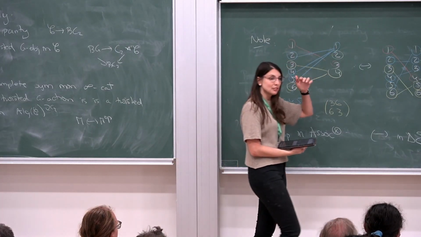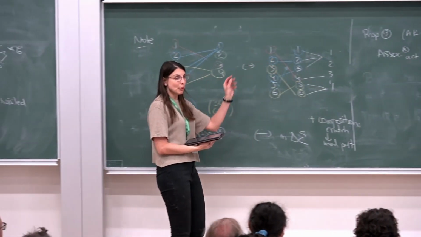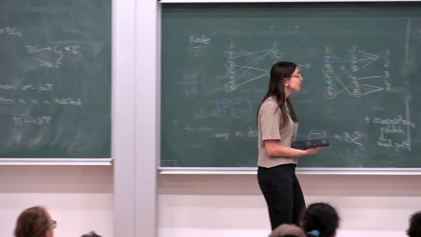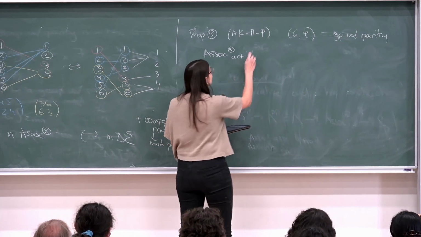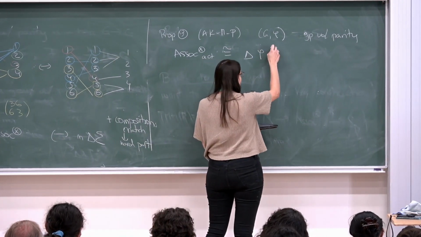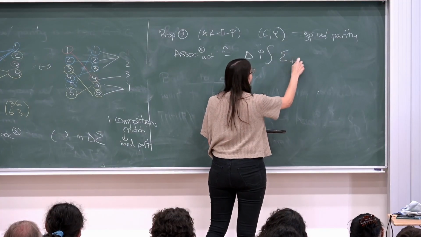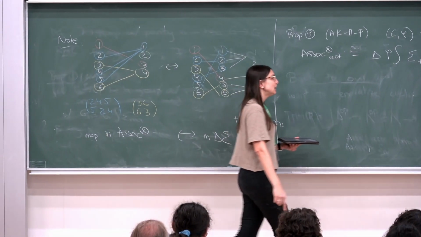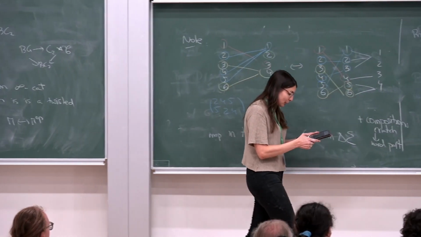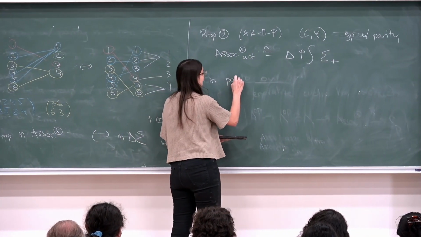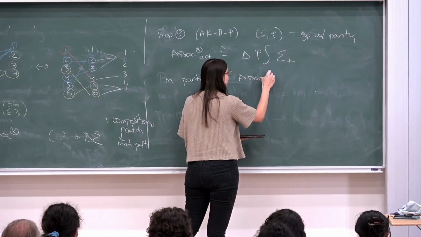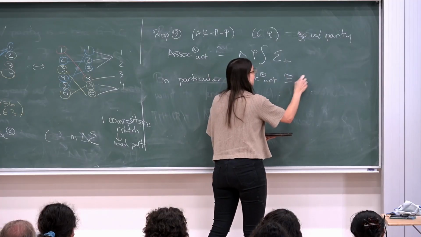This would go wrong if I had things that map to 0 here. So if I look at this active part, the claim is that this is the same as the category of operators that we defined in proposition 1, and we have to add an initial object to make things match up. We don't have to worry about that. In particular, a particular case of this is what we just observed: assoc tensor active is delta sigma.